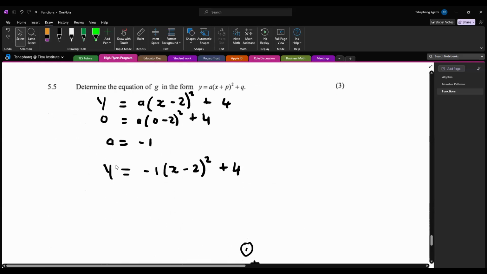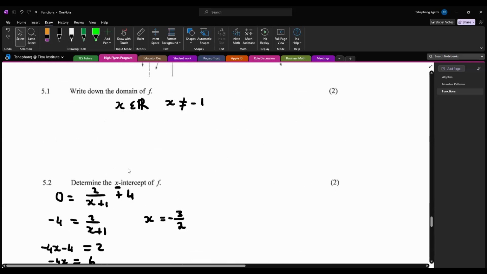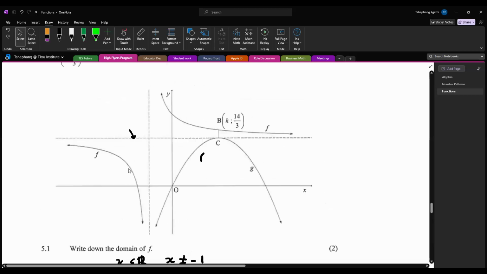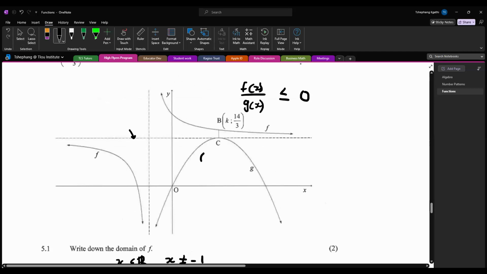I'm just going to copy down that question: f of x over g of x is less than or equal to 0. I'm writing it down here so that I can check and highlight where I need to. Remember our cases. The first case, that's positive on top, negative down there. And then alternatively, negative on top and positive down there.